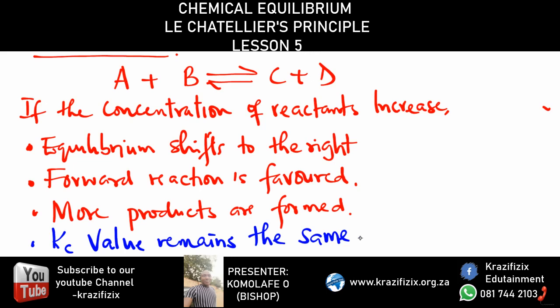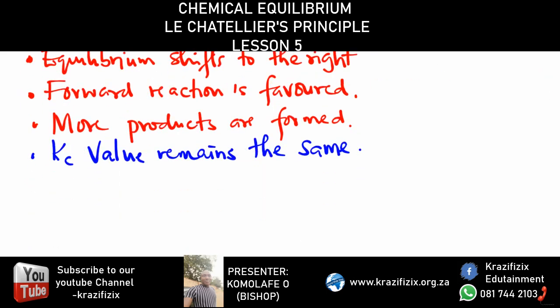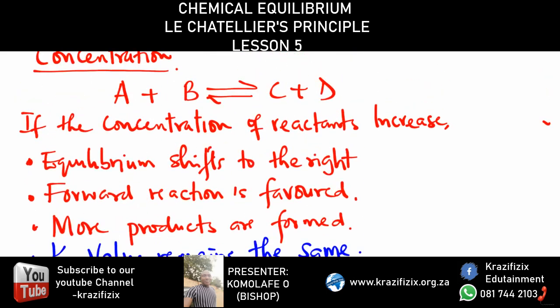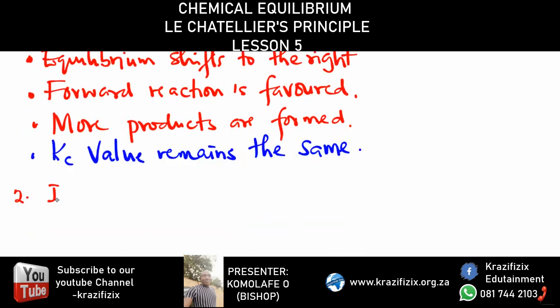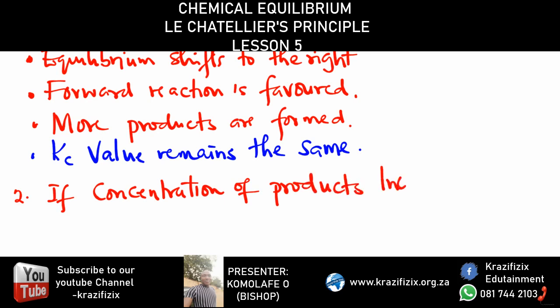All right, good. Let's look at another scenario. What will happen if the concentration of products increases? Number two. So let's call this number one. Number two. If the concentration of products increases, what will happen? Now, my reactants are now very small. They're disturbed. What will happen?